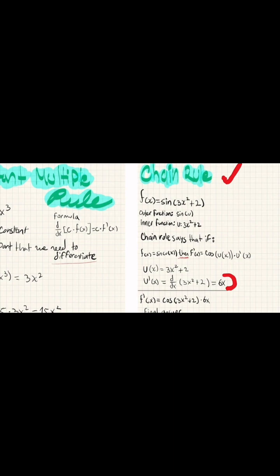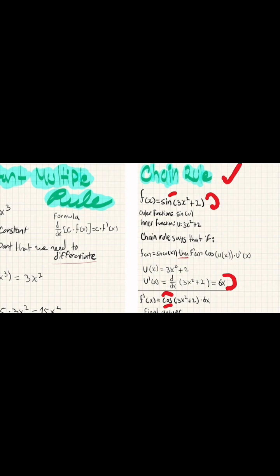We are going to change the sin right here to the cos right here. Why? Because we are doing f prime of x. So now we have to differentiate the sin, and it will give us the cos we have right here. And then multiply it by u, that is 3x squared plus 2, and multiply all that by the 6x that was the u prime.